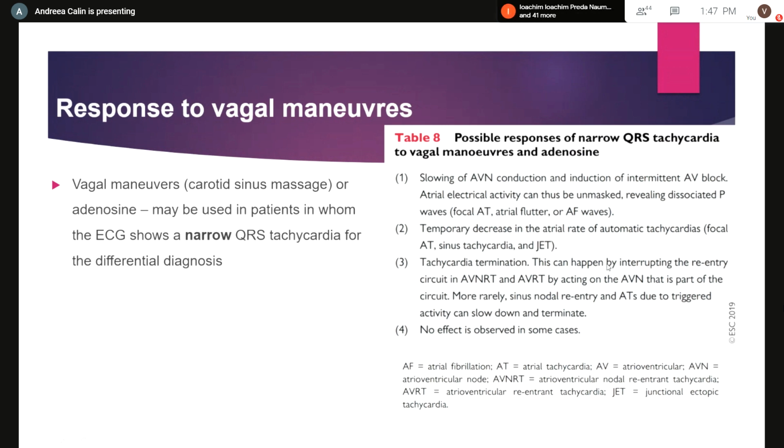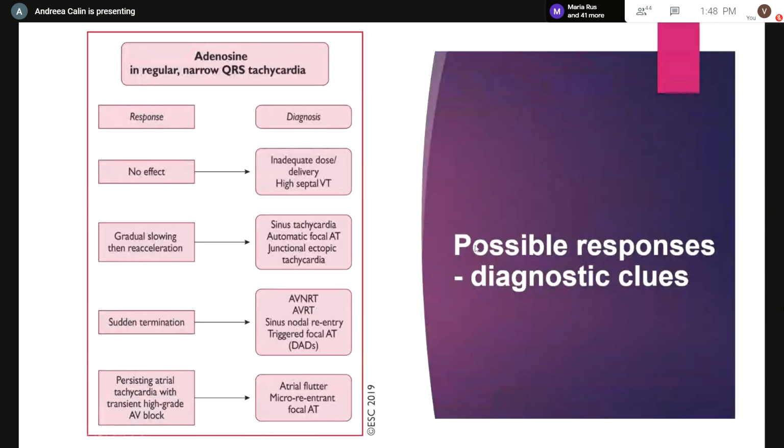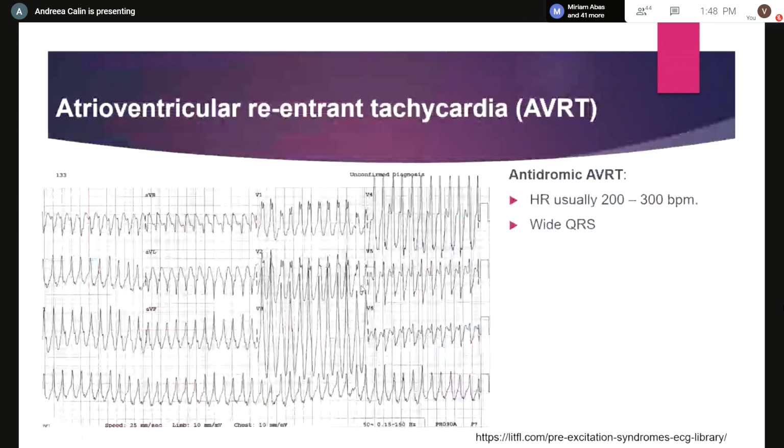This can happen by interrupting the re-entry circuit in these tachycardias that are re-entrant, and in some cases no effect is observed. So we can judge the possible diagnosis using these possible responses to vagal maneuvers and adenosine. And this may be very useful in diagnosing this kind of supraventricular tachycardias.